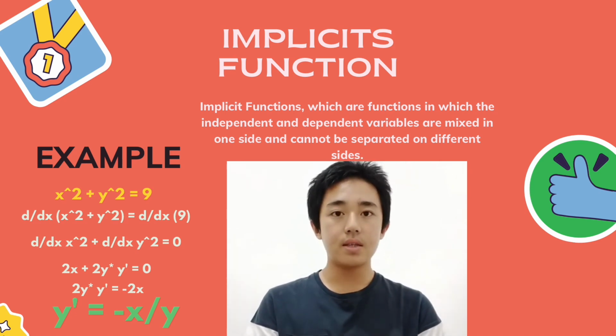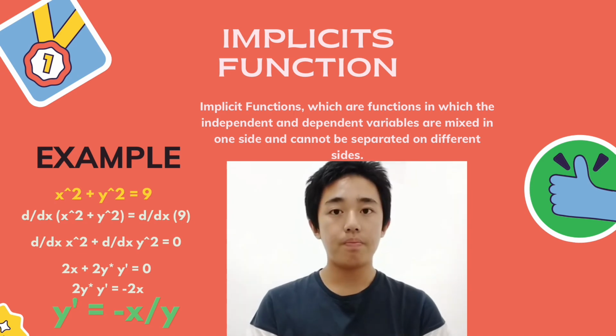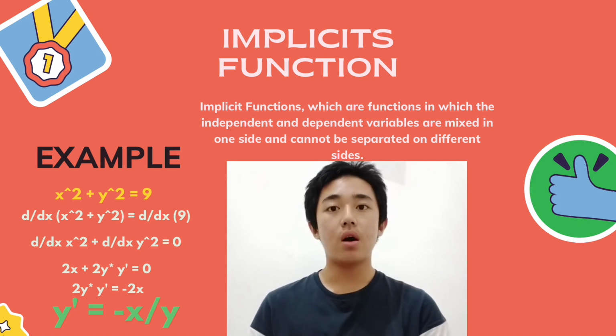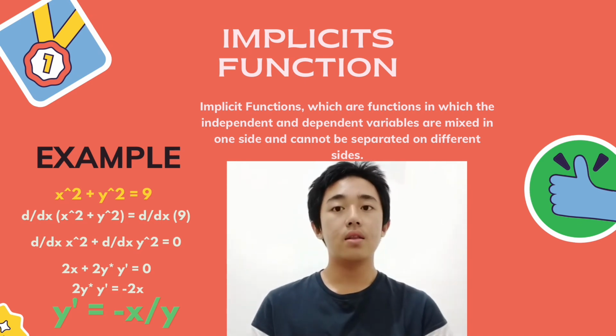Remember 9 is a constant number, so we write it as 0. And what we're going to do is, from the left side, we give both x and y their derivative.